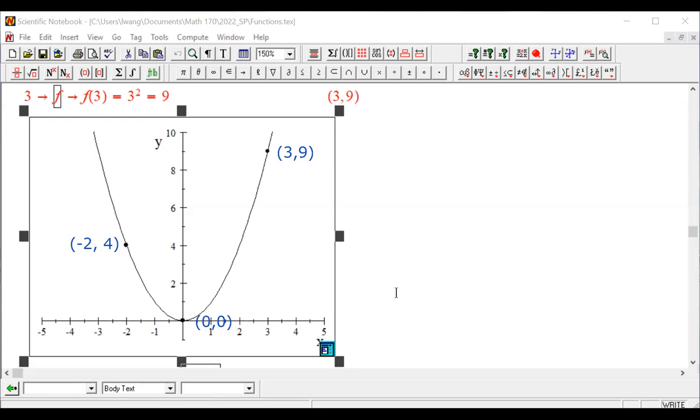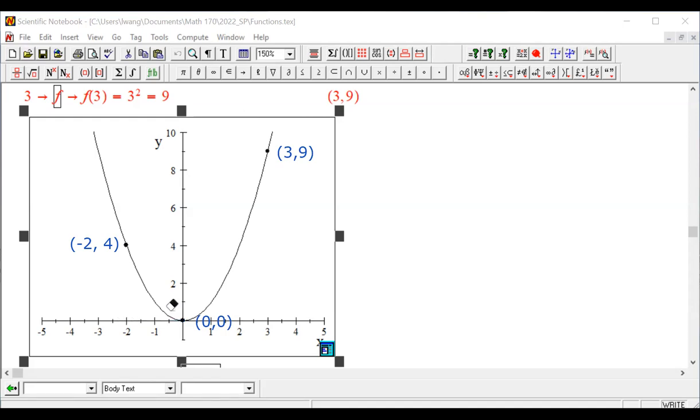So when the input is -2, here's -2, measured 2 units to the left. Let me use a different color. I'm reserving the red color for the output. So this is the input of -2.